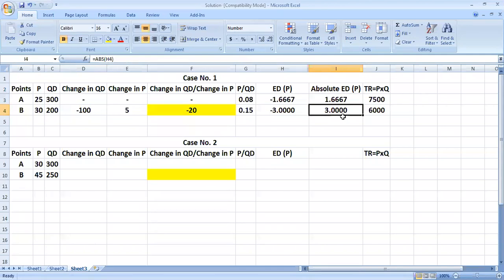In the present case, you could see that when the price is increased from 25 to 30 for a more elastic product, the revenue decreases. Earlier at price 25, it was 7,500, but when the price is increased, the revenue for the firm decreases from 7,500 to 6,000.